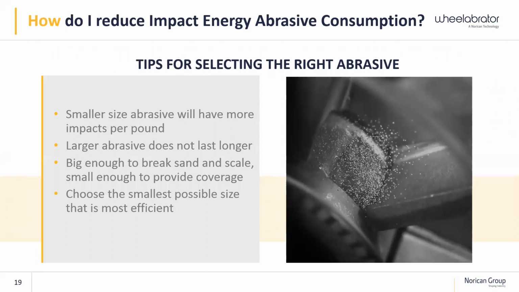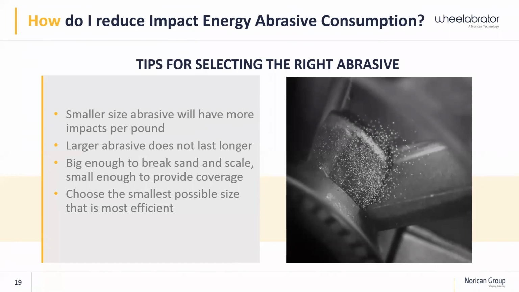A couple of things that we suggest, some tips you should look for when selecting the abrasive. Because larger abrasive typically is going to break down faster, you want to find the smallest abrasive size that is going to do the work you need it to do. The reason is that you're going to gain more impacts per pound. I'm just tossing numbers out here: if you're throwing 460 shot, you might get 90,000 impacts per pound.